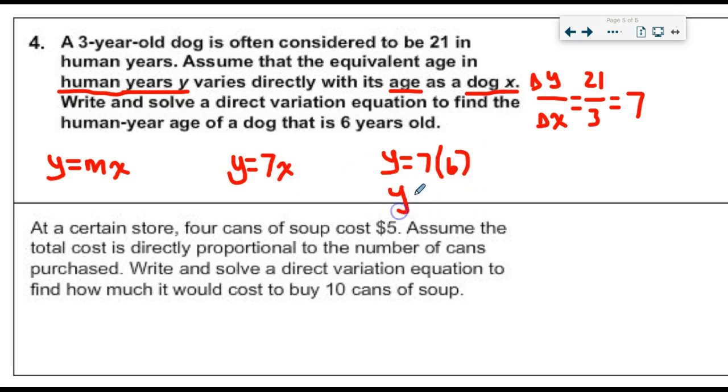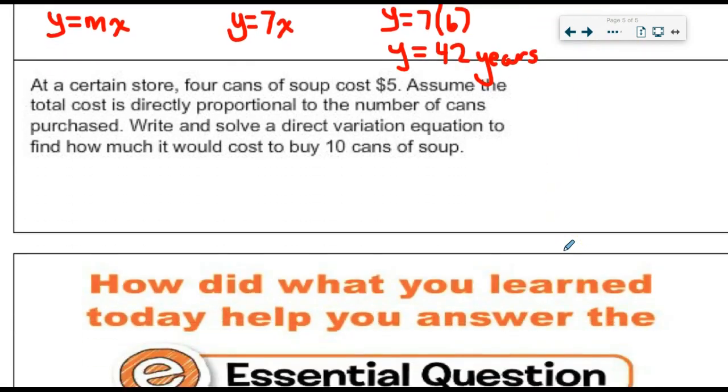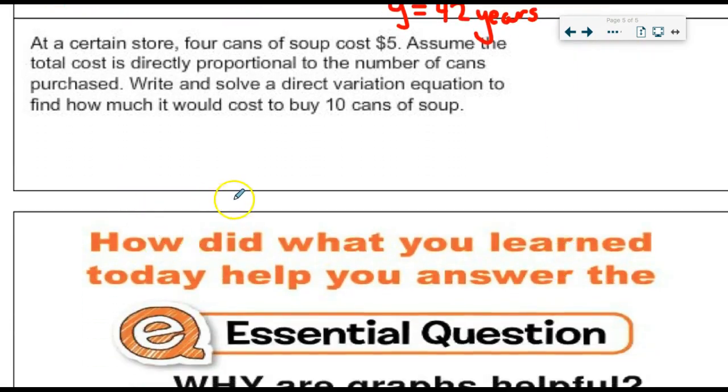And that gives me 42. So 42 years in human years. 42 years. Okay? So your 6-year-old dog is 42 years old. That makes sense. Alrighty. So let us take a minute and attack this last example for number 4.